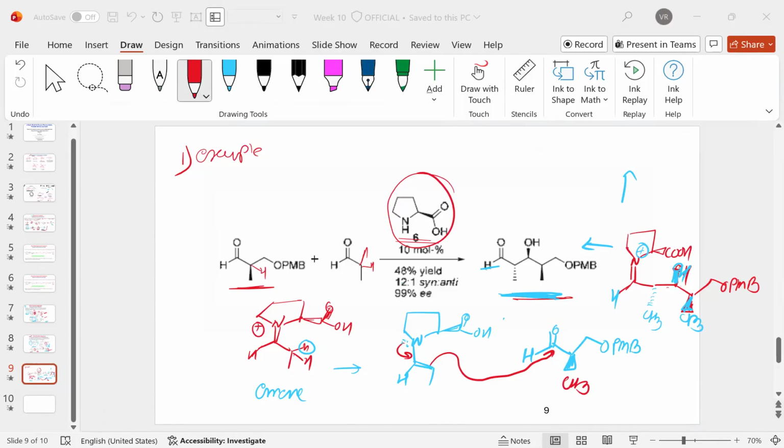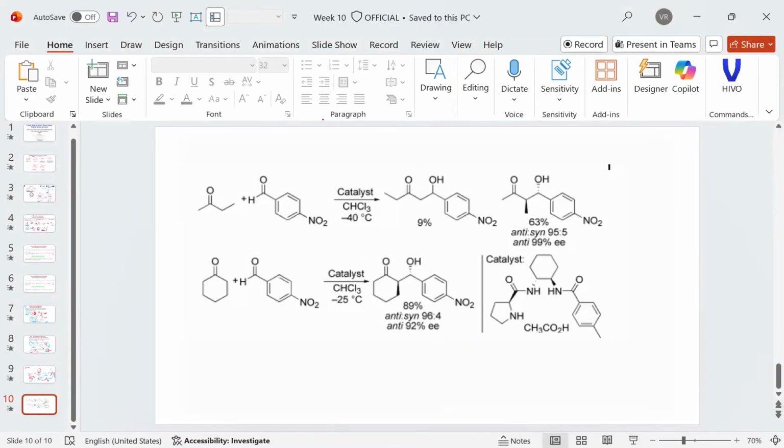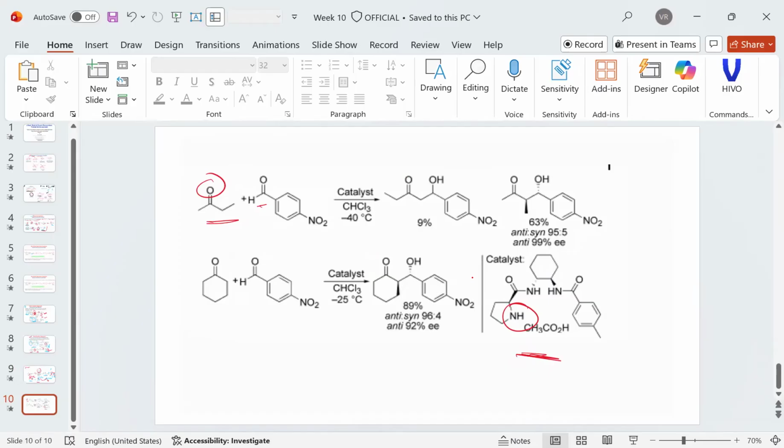These are the two examples which involve similar chemistry. We have the aldehyde and one ketone, and the catalyst here is the same proline-based catalyst. What happened with this catalyst? It forms the imine in a similar fashion with the ketone, and further it forms the enolate as mentioned in the earlier step.